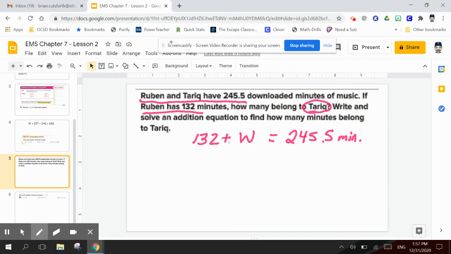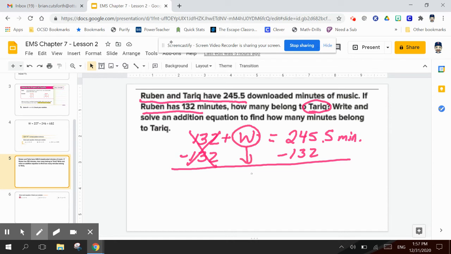So to find out how many minutes Tariq has, I'm going to subtract 132 from both sides. Addition, we need to subtract. So 132 minus 132 is 0. All that's left is my W, my variable. I bring it down.